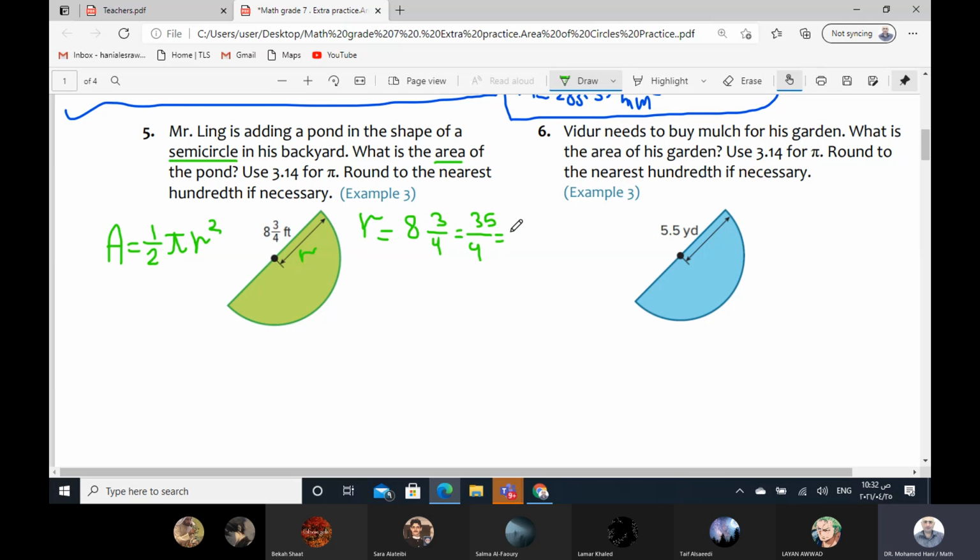The answer will be 8.75 feet squared. Is it correct here or do I have it wrong?